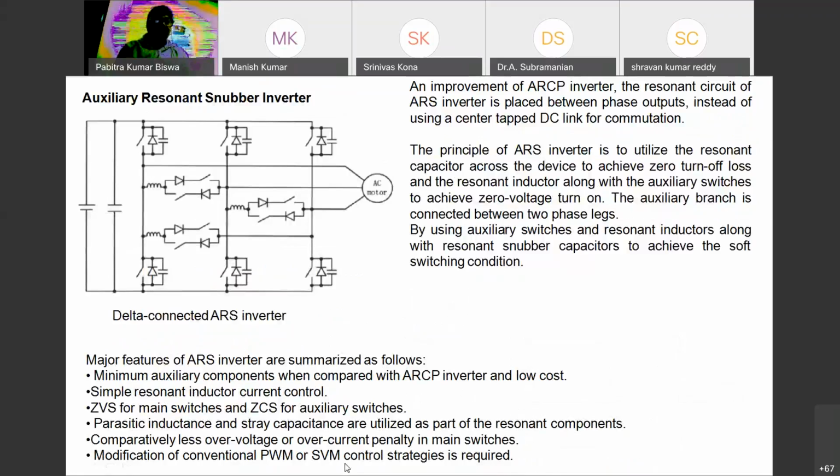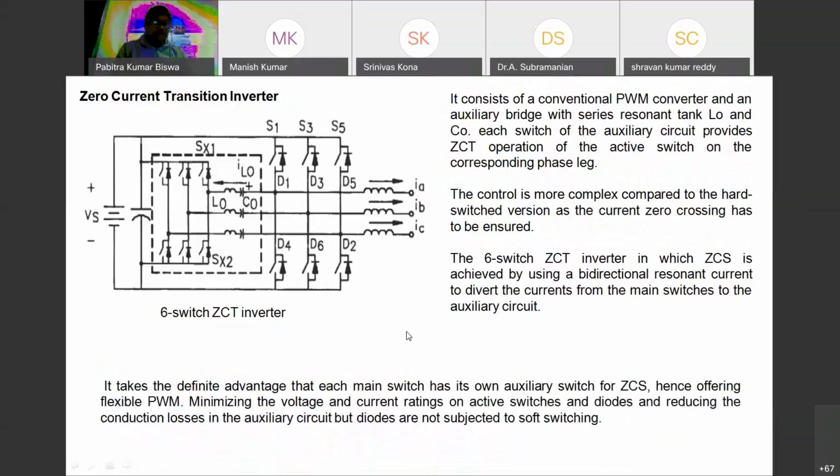And for the auxiliary resonant inverter, we connect switches, one, two, three switches on a leg, three legs. Now the zero current transition inverter is also connected here, with six switches. This inverter is also used for the electric vehicle system to control the motor.